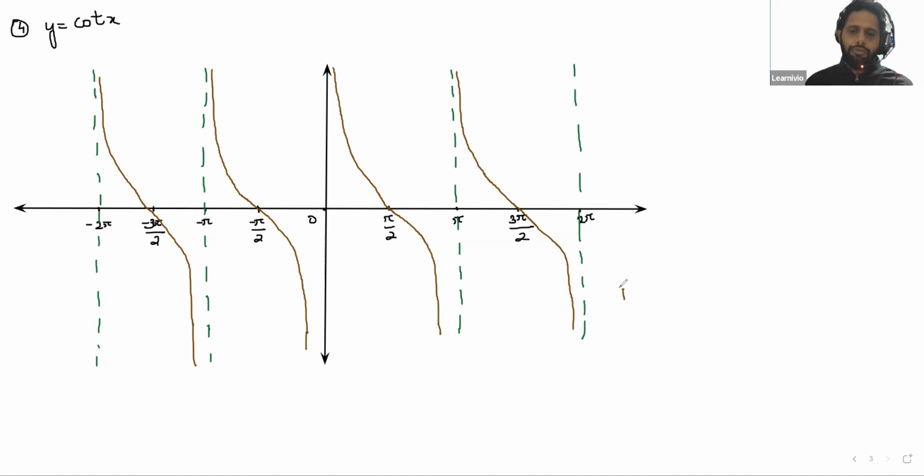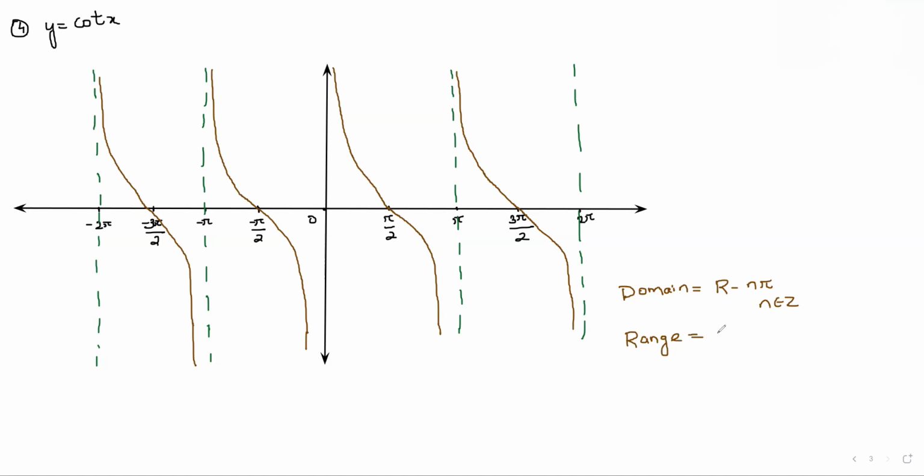So for the domain, if we check from the graph, then at 0, pi, 2 pi, 3 pi, this cot x does not exist. That's why the domain is real numbers minus n pi, where n is any integer. Noma, can you tell me the range? Plus infinity to minus infinity.